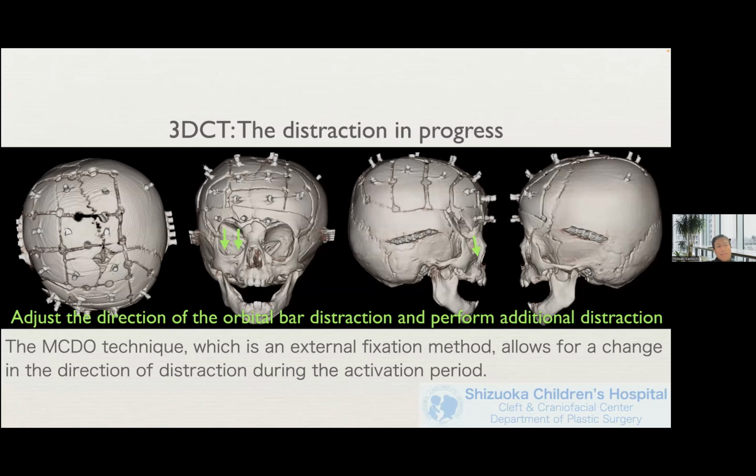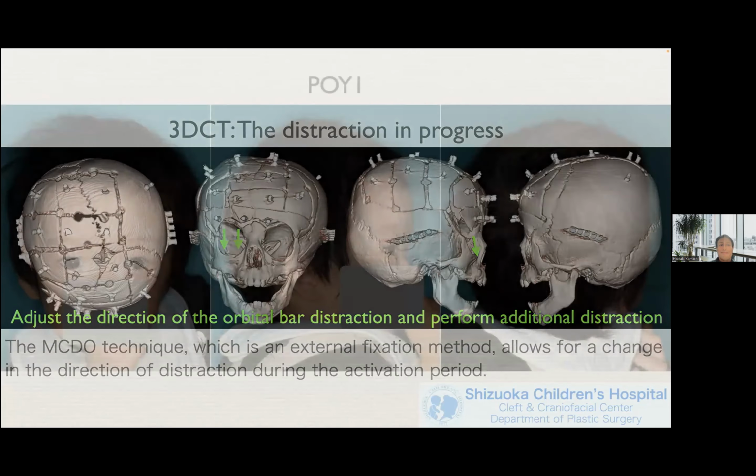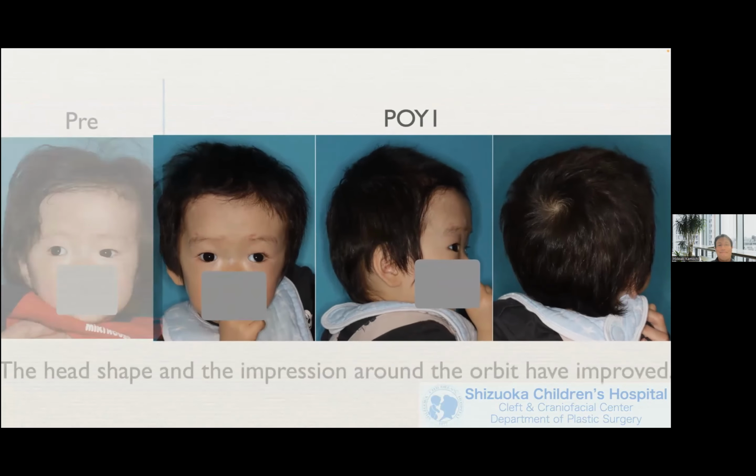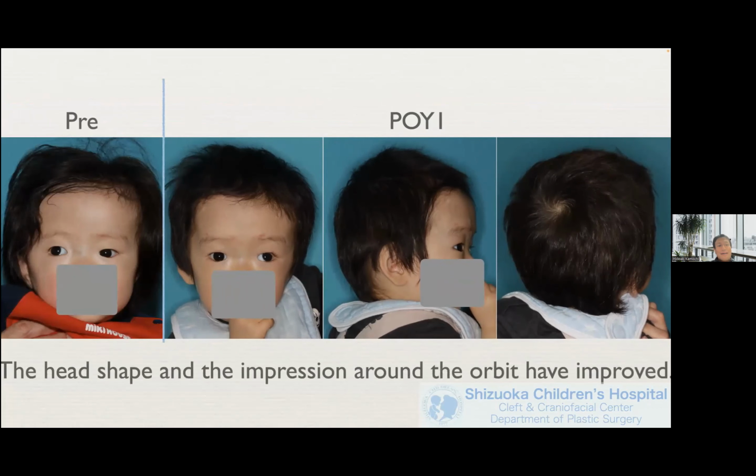The MCDO technique with the external fixation method allows for a change in the direction of distraction during the distraction period. These are postoperative photos. The head shape has improved.